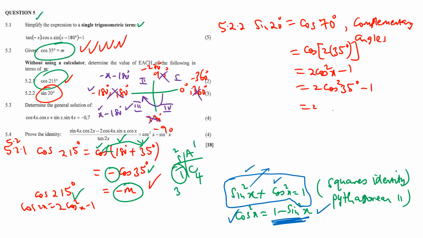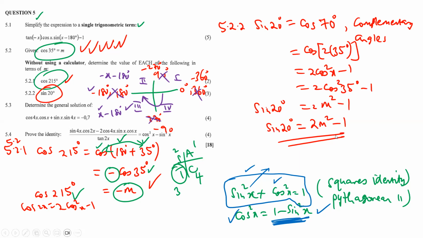Cosine 35 is exactly m, so we have 2m squared minus 1. So sine 20 is twice m squared minus 1.